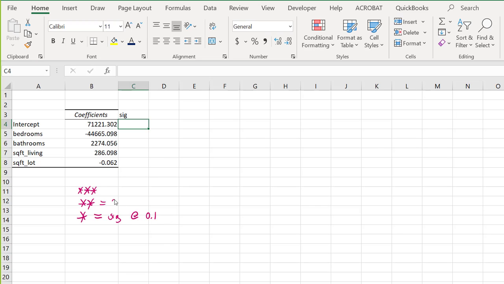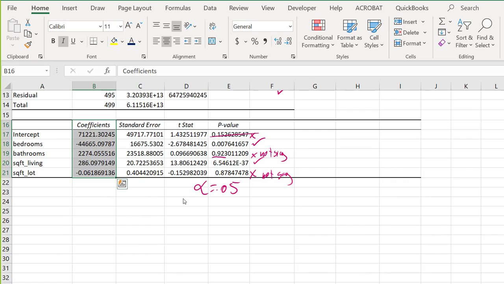This 2 stars is significant at 0.05 alpha, and 3 stars means I'm significant at 0.01 alpha. All right?